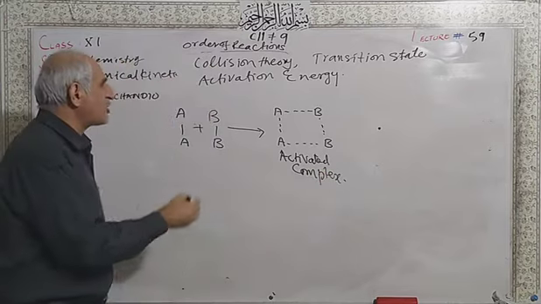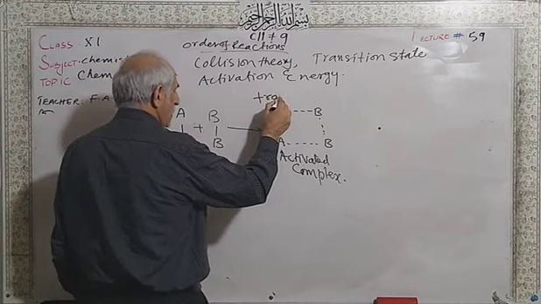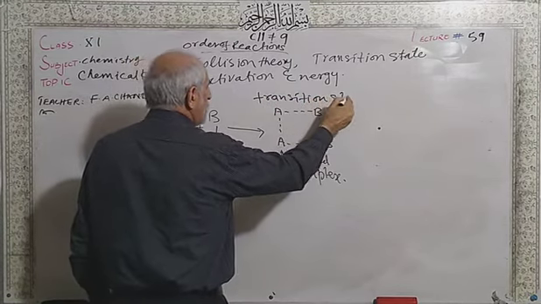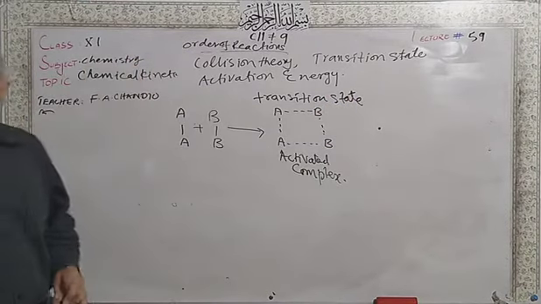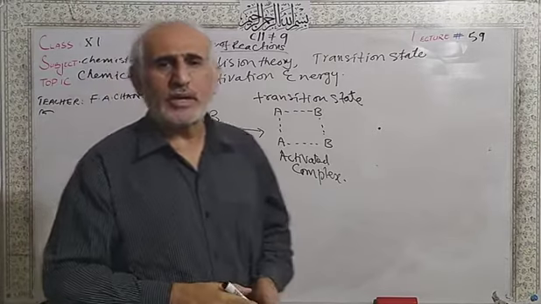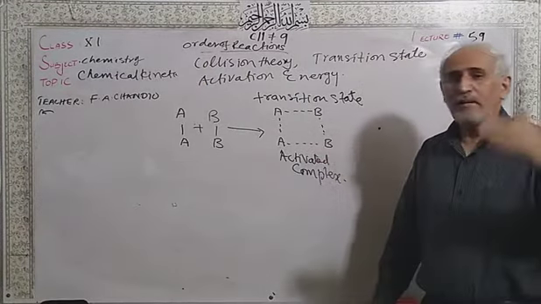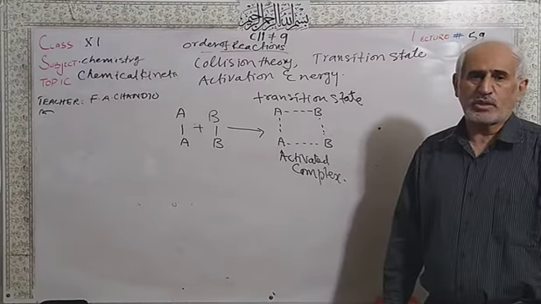This is the transition state, intermediate state. It depends upon the life of the chemical reaction. If the chemical reaction is fast, its life will be very, very short, means suddenly it will change into the product.